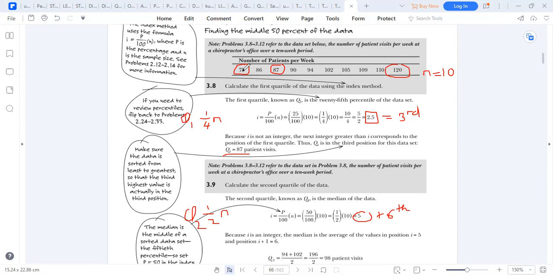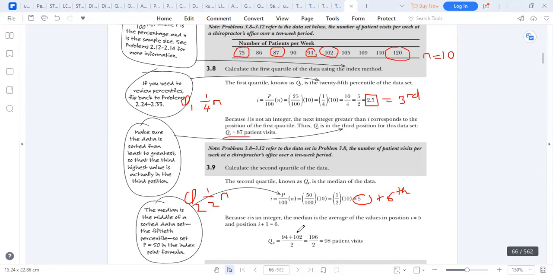In this case, we count 1, 2, 3, 4, 5, and 6th position. So 94 and 102. When you count them manually, 94 and 102 divided by 2, you're going to get 98 as our second quarter. So 98 is the second quarter.